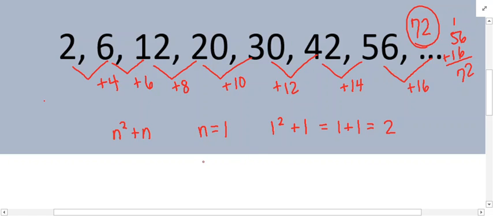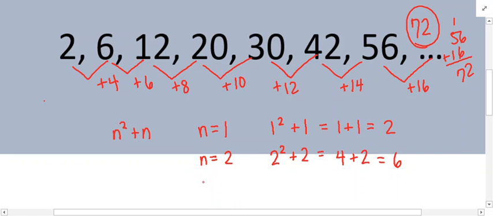If I want the second number in the sequence, I'm going to bump up my number to 2, and plug 2 into this formula. 2 squared plus 2 is equal to 4 plus 2, which is 6, the second term in the sequence.